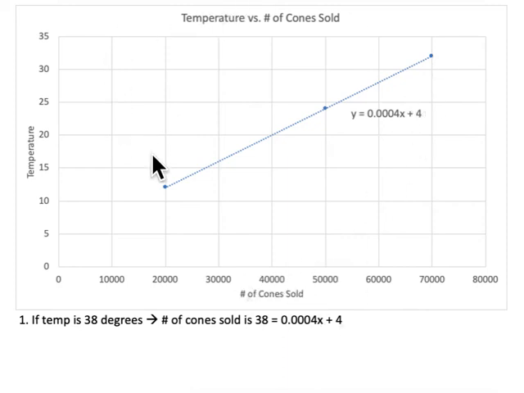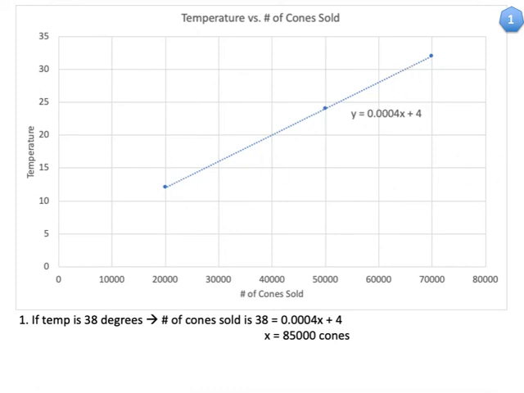If you look at the graph, you could eyeball it. You draw a line here, and it's going to come up to here somewhere, in the 80,000 range. But if we use our formula, we can do it exactly. So X will equal 85,000 cones. At 38 degrees, we're going to sell 85,000 cones based on this line of best fit, based on these 3 points that we have plotted, okay?